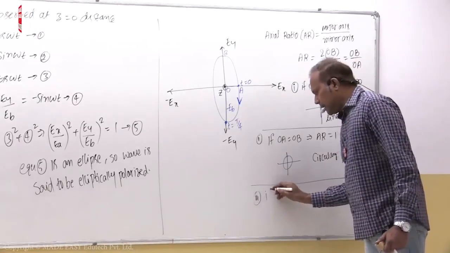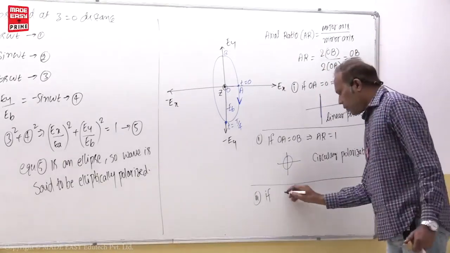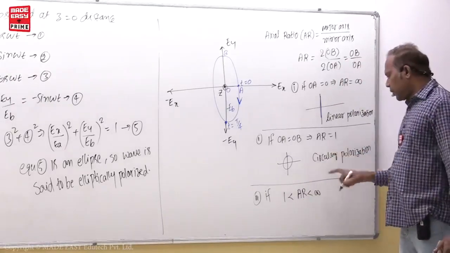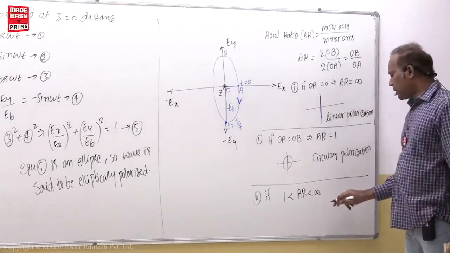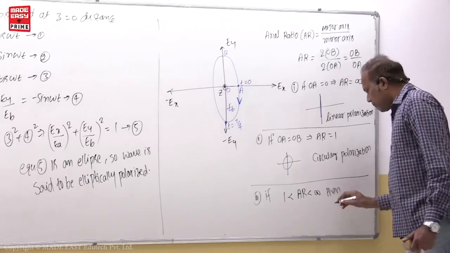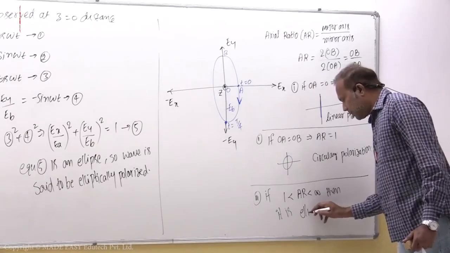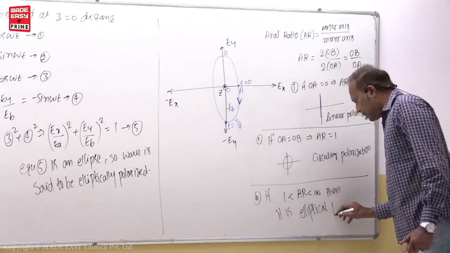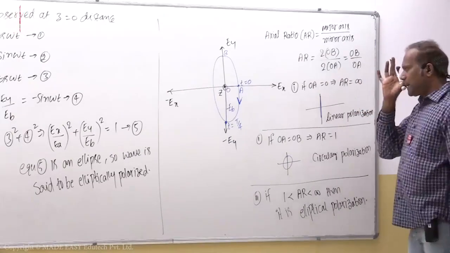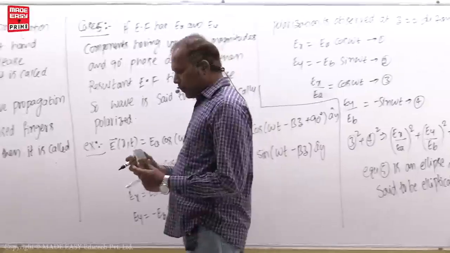So, third case, if axial ratio is from 1 to infinity, then it is elliptical polarization. Now I am going to write a note here for different polarizations.